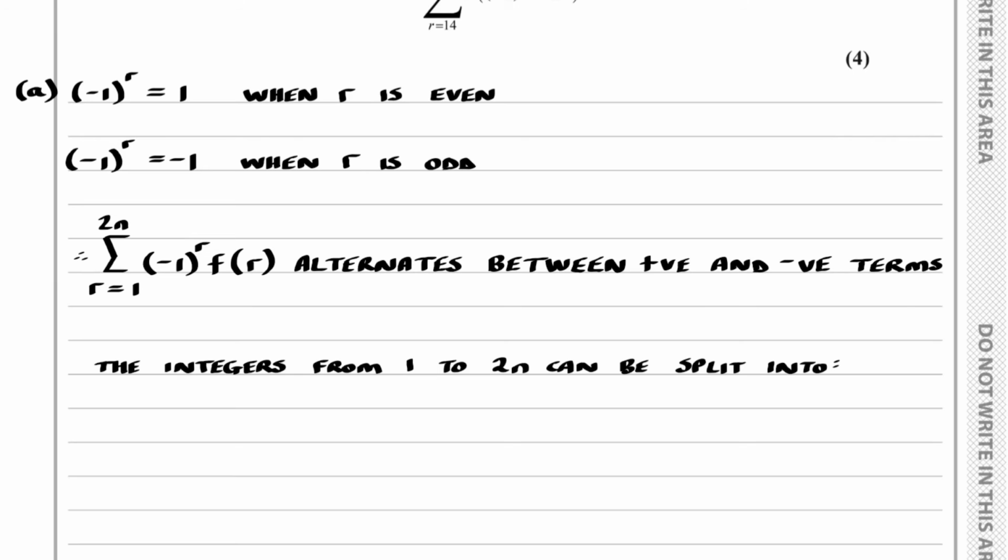Now, if we consider the integers from 1 to 2n, we've got even and odd numbers being used here. So we can split those up as the following.